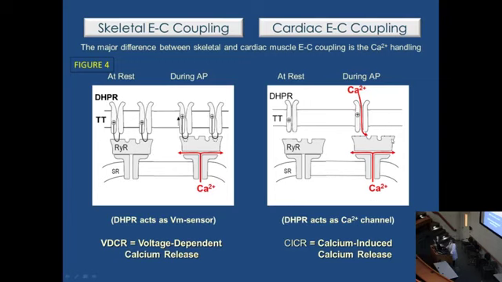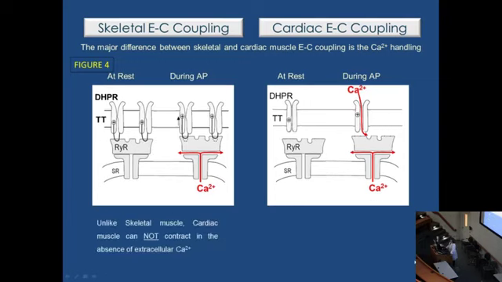So actually, let me tell you that unlike skeletal muscle, cardiac muscle cannot contract in the absence of extracellular calcium. I think I remember I told you, if you don't have extracellular calcium and you have a skeletal muscle fiber and you stimulate that electrically, the skeletal muscle will contract.